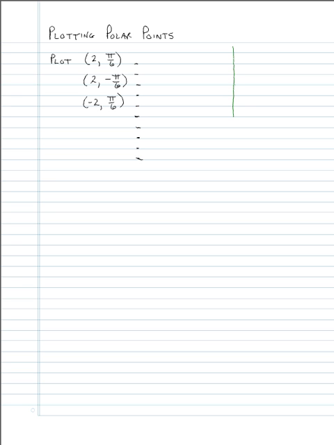There's also graphing paper where you have a pole and the polar axis, and I'm going to lay this back on top of a rectangular coordinate system, and what you see is a bunch of concentric circles.